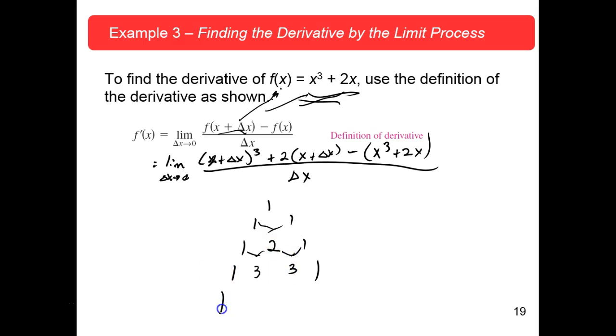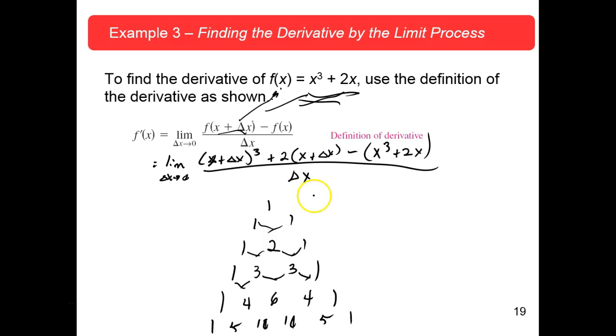And then put a 1 on the outside on each side. Add these together and you get 4, 6, 4. Want to do one more? Sure. 5, 10, 10, 5, 1.